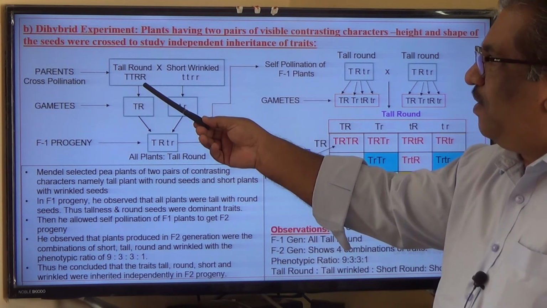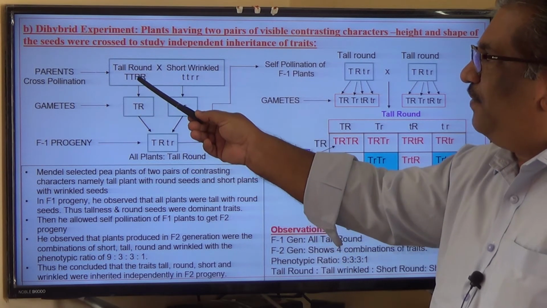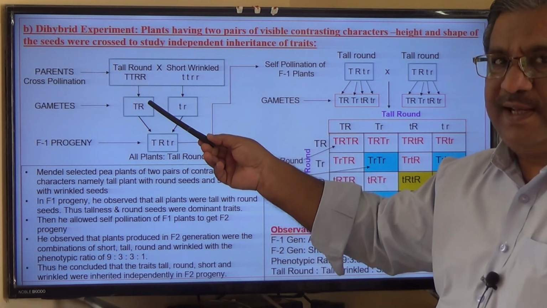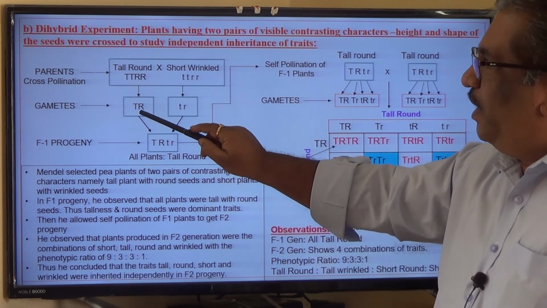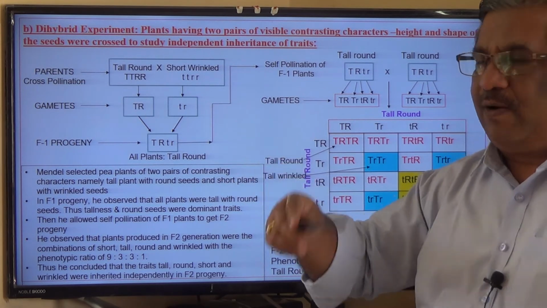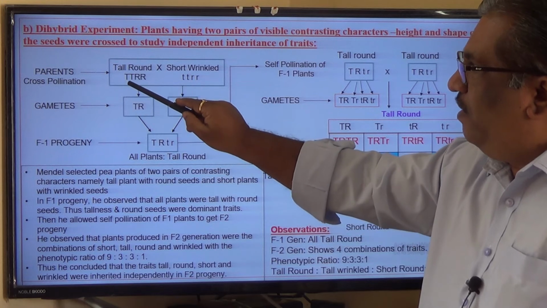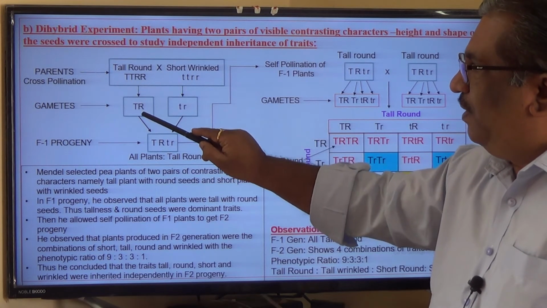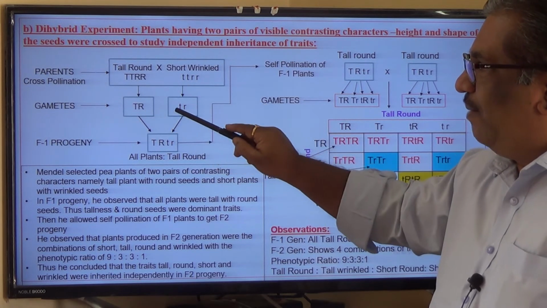What about the gametes of these two plants? Gametes will contain half the number of genes, basically half the number of alleles also, you can say. So it should be a combination of both tallness and roundness. So the gametes will have only one T and one R, both capital. Here one t and one r, both small. So these are the gametes.